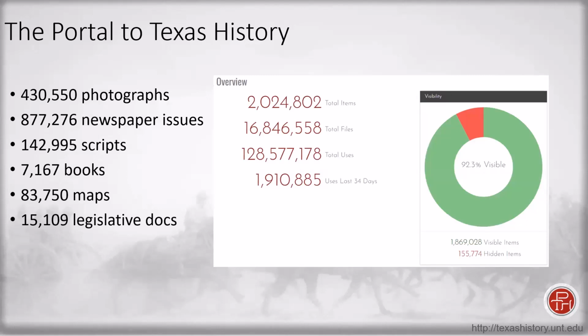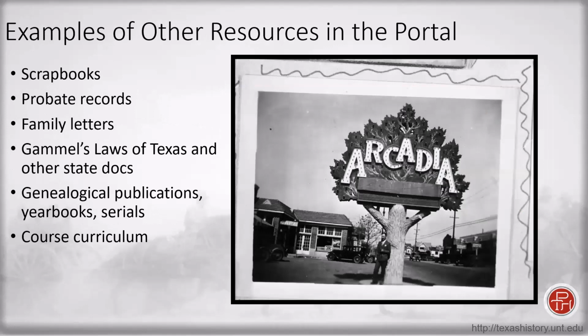There are about 430,000 photographs, 877,000 issues of newspapers, which comes out to a little over 9 million pages of newspapers, 142,000 scripts, 7,000 books, 83,000 maps, 15,000 legislative documents, and so much more. All in all, we have about 36 different media types available on the Portal to Texas History.